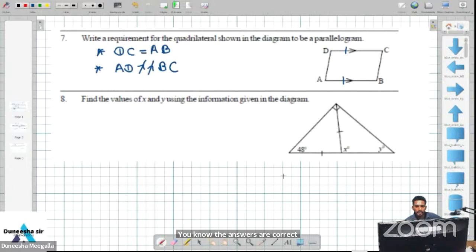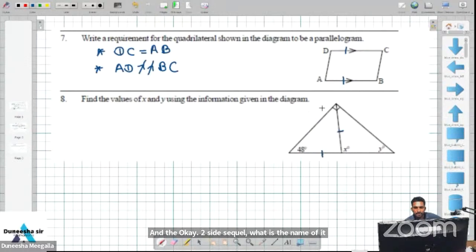How do we find it? What are the two sides that are equal? What is the triangle type? Two sides are equal, we talked about it earlier. What is the name of it?